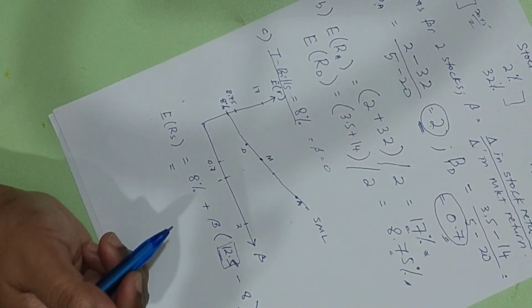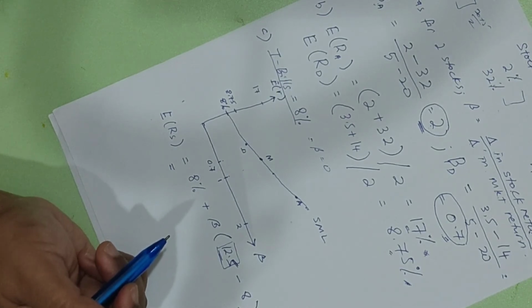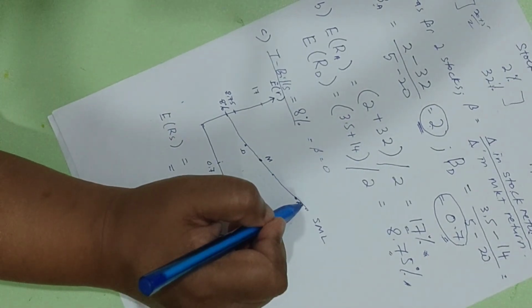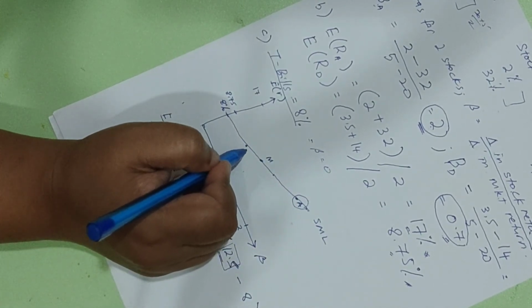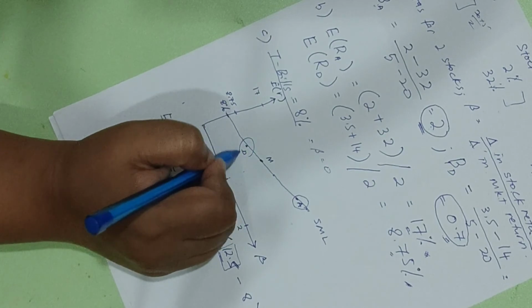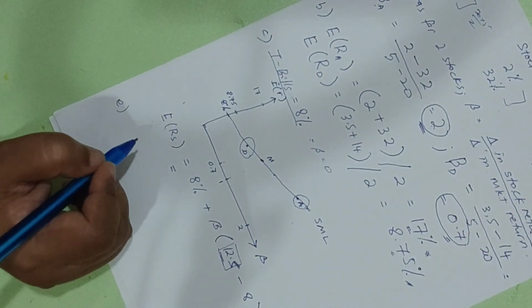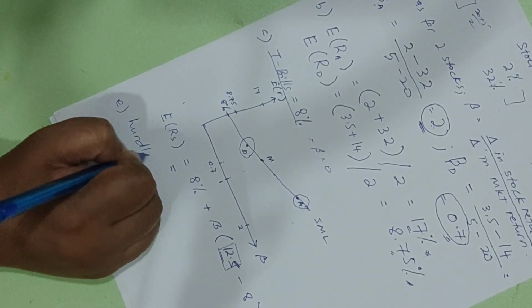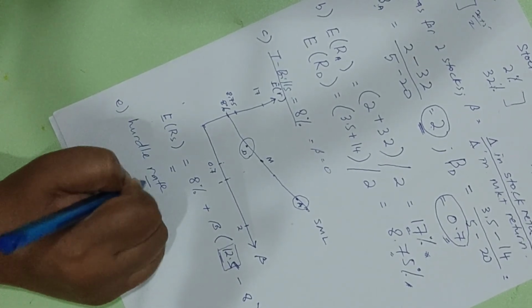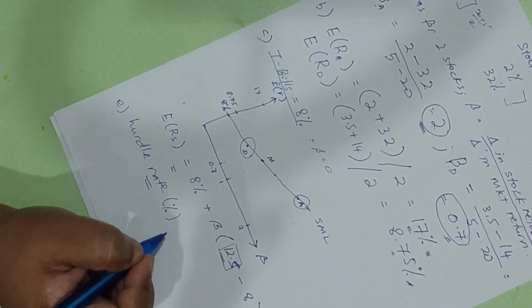Next, plot the two securities on the SML graph. What are the alphas of each? Well, you already have this one. Next, the hurdle rate. What hurdle rate? It should be in percentage, right?